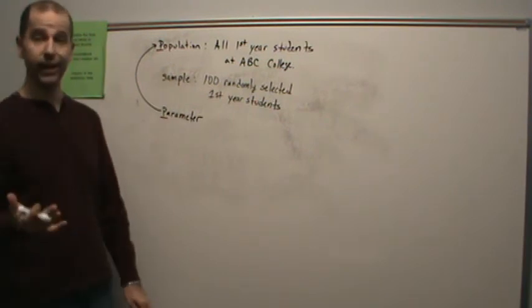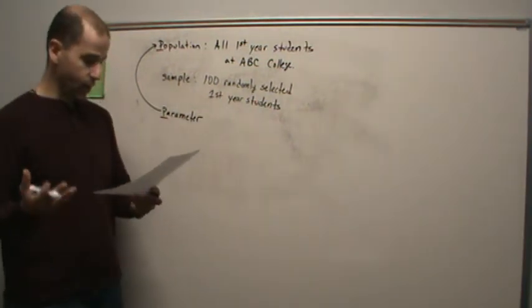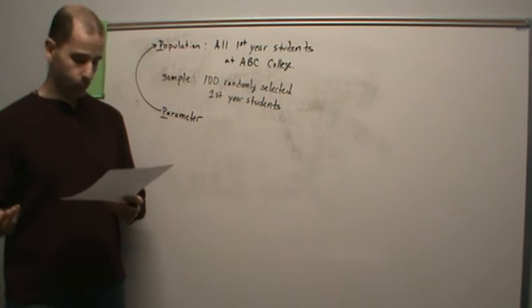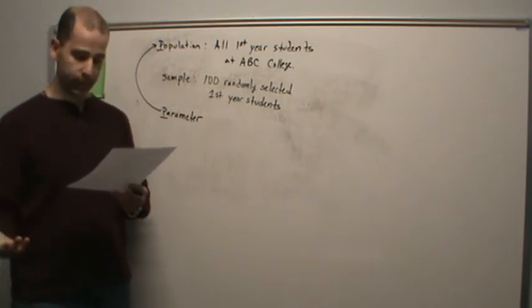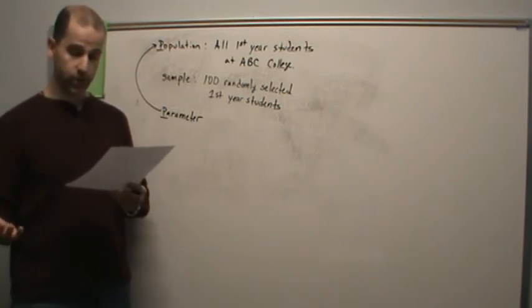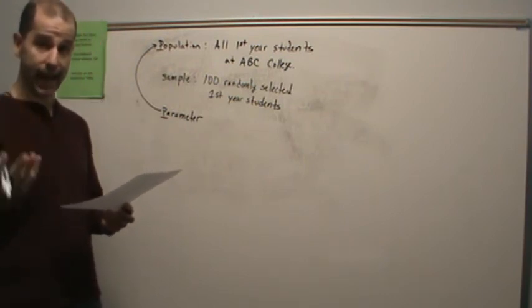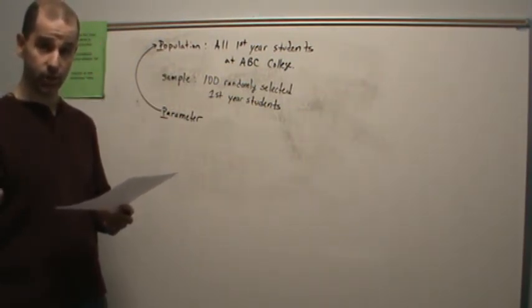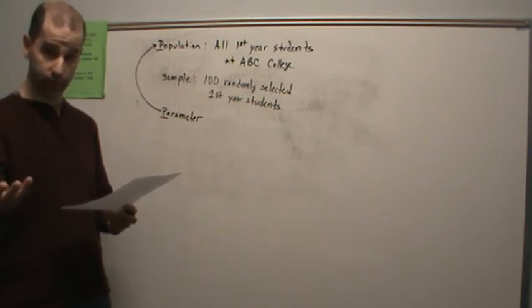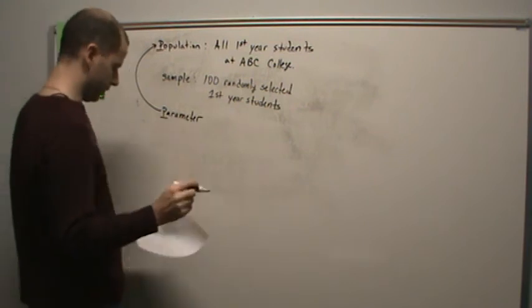Well, what are we interested in? It says we want to know the average amount of money first-year college students spend at ABC College. So what's the parameter? It's the average amount of money that all first-year students at ABC spend. Okay? So that's the parameter. It's right there.